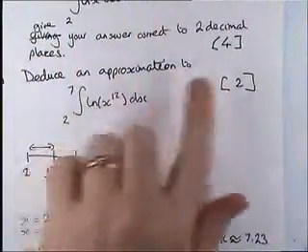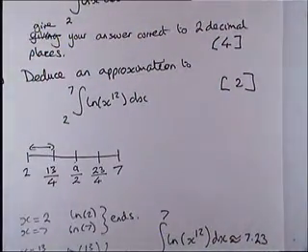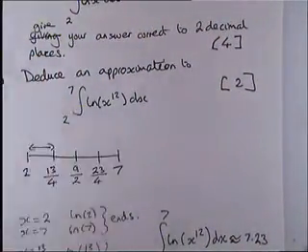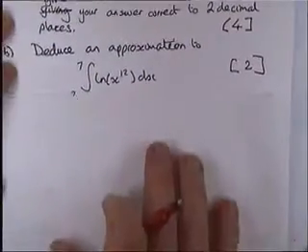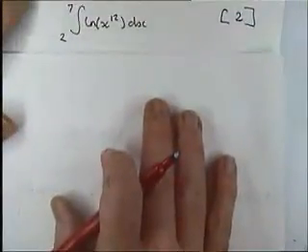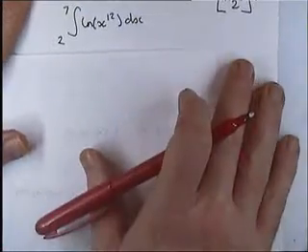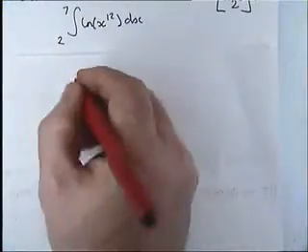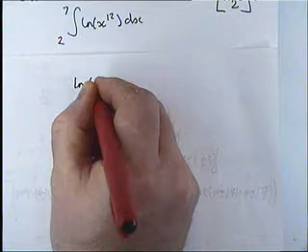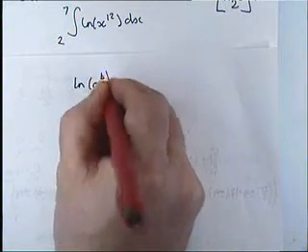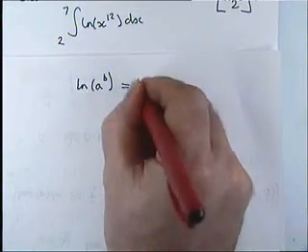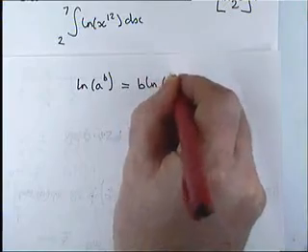So the final part then is to use this answer to the first part to deduce an approximate answer to that. Well, that takes us back to our logarithm rules from Core 2. And we know that log of a to the power of b is the same as b lots of log a.